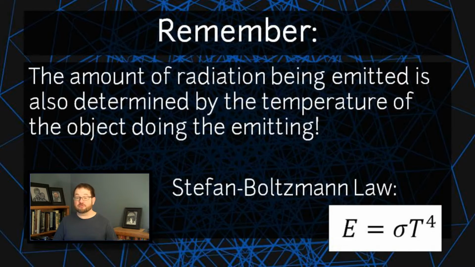The total amount of radiation that the object is emitting also comes from the temperature. That was Stefan-Boltzmann's law. Stefan and Boltzmann were two scientists in Europe in the late 1800s who independently discovered this relationship, that objects emit radiation proportional to the fourth power of temperature. In other words, the hotter the object gets, the more radiation it gives off.